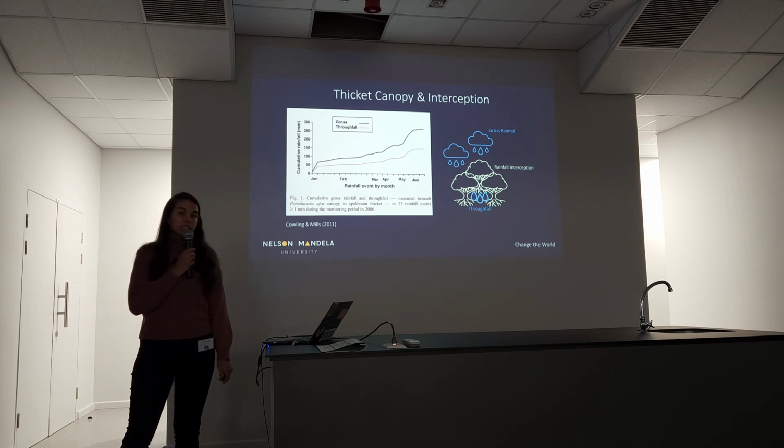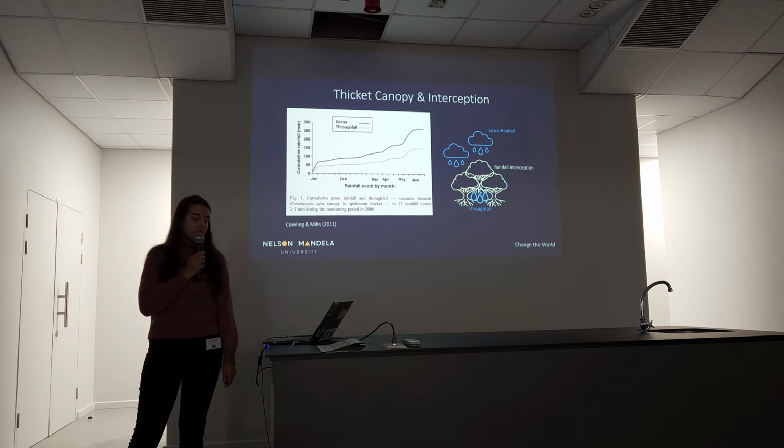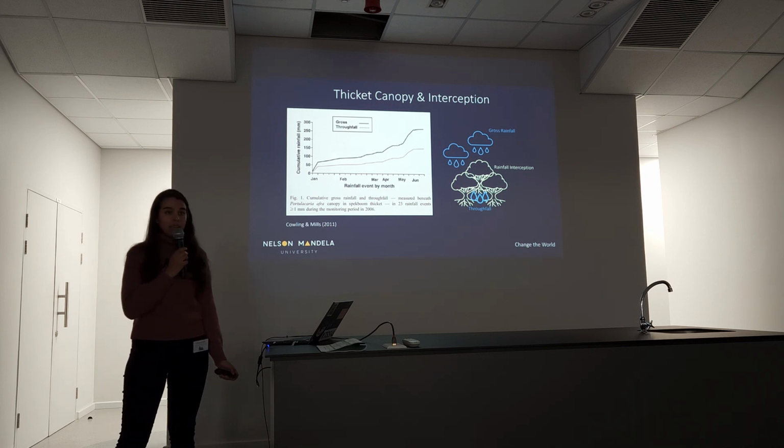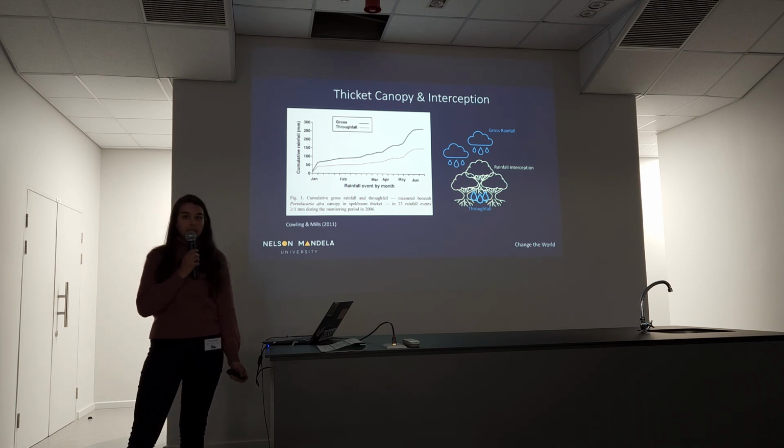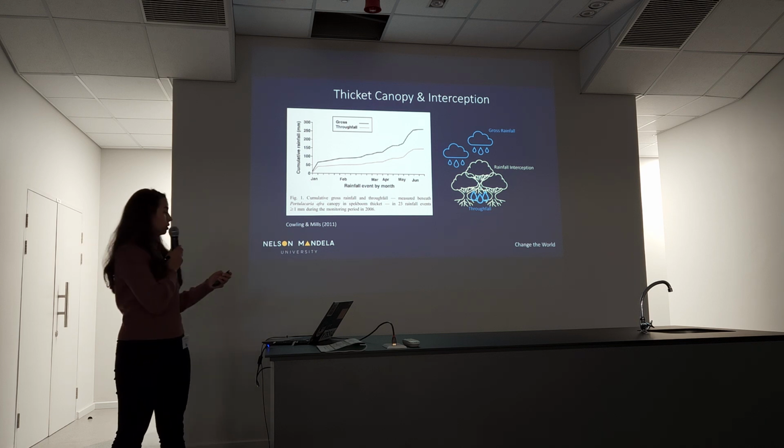The throughfall decreases to less than 20% for small rainfall events, so rainfall events that are lower than 5 millimeters. If you compare this to the Amazon rainforest, for example, throughfall ranges from 74 to 91%. And for coniferous forests such as pine plantations, this throughfall is from 50 to 75%.